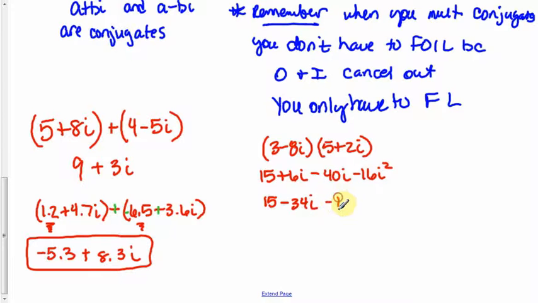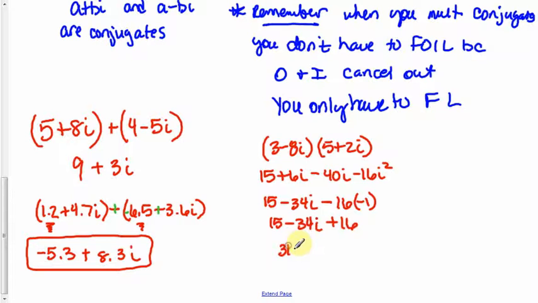And i squared is negative 1. So negative 16 times negative 1, or minus 16 times negative 1, however you want to say it. I'm going to show every little step. Negative 16 times negative 1 is positive 16. Then you're going to add these two numbers together that are like terms.